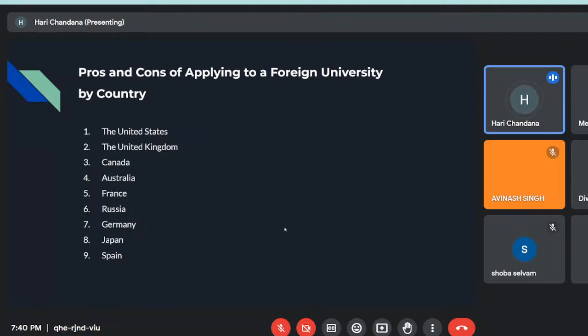Australia. Australia has plenty of reputable programs and warm climate for those who hate the cold. And to talk about the disadvantages, you will need to be financially stable as there are fewer scholarship opportunities for international students in Australia compared to other countries.